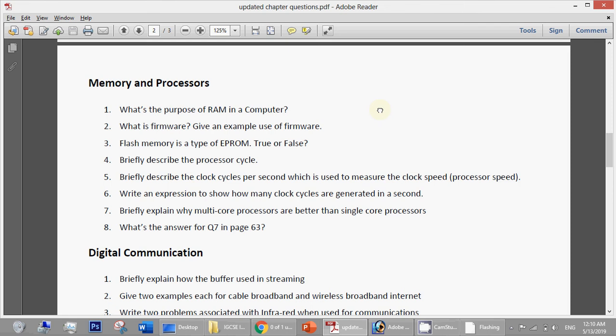What is firmware? Give an example of firmware. Now, firmware are the programs and instructions written into ROM chips, and every time when you give electricity, these programs will be executed. So remember, it's not only the instructions written into ROM, which is firmware, but also PROM. Now, PROM is a chip that you buy blank and then you write a program, and that's it, you can't erase, right?